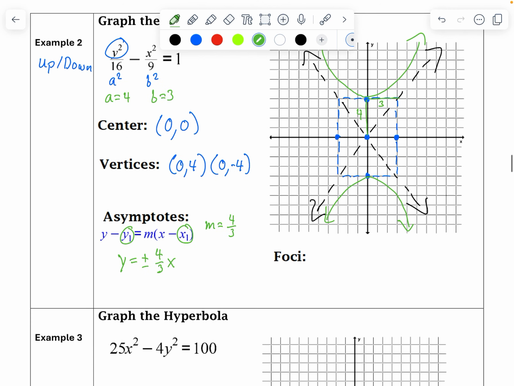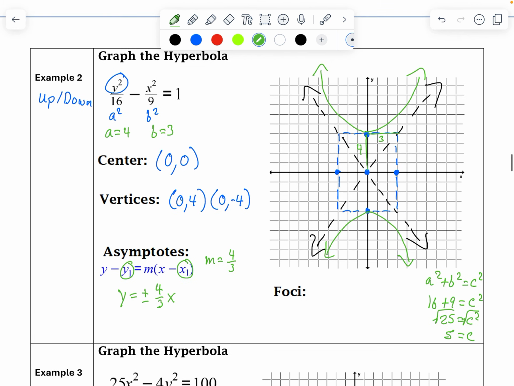Now we're ready to do the foci. A squared plus b squared equals c squared rather than minus. So that goes 16 plus 9 equals c squared. That makes 25. And we get a perfect square for a change. So 5 is our c value.